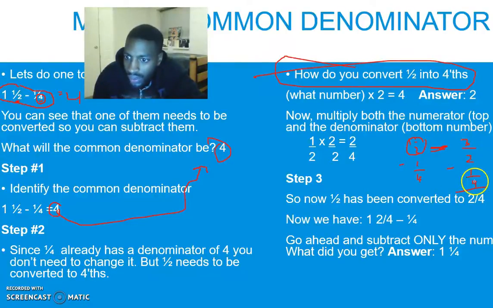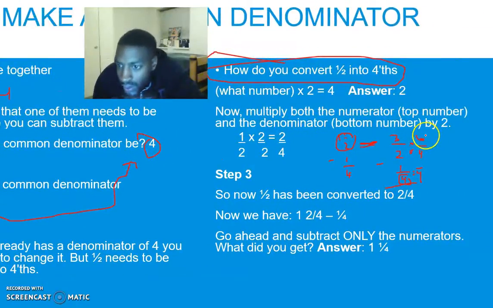Remember, the common denominator is generally the larger number, so it would be 4. So it's 2 right here. 2 times 3 is 6, so 6/4. So it would change this to 6/4.